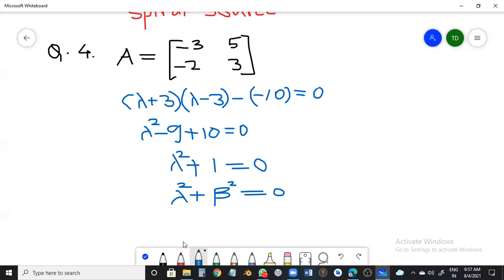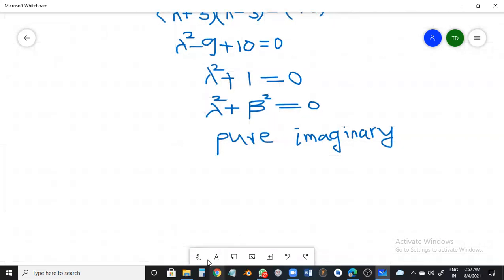So if the eigenvalues are purely imaginary, can you tell me what the eigenvalues are here? What is the value of lambda? Yes, come on. Plus or minus i.